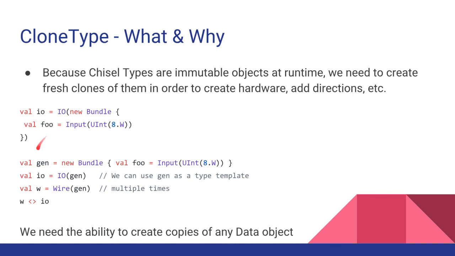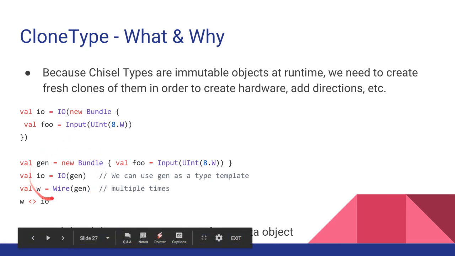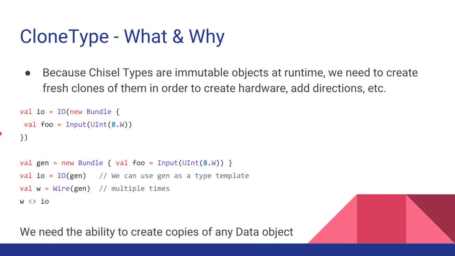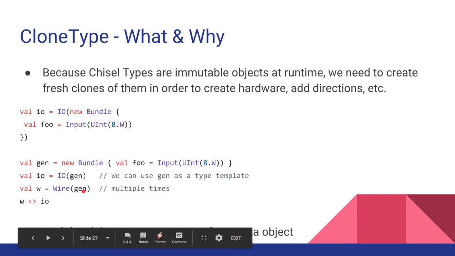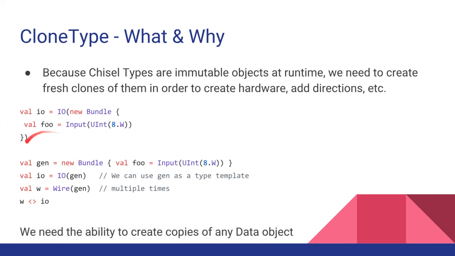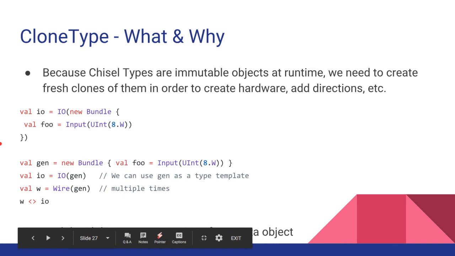It's really compelling that passing gen to IO just works, and it always works. If you're doing things like this in C++ or Java, in a language that is less immutable, it's really hard to determine when I need to call copy. Should I call gen.copy here, or copy there, or where are things copied? Under the hood, we handle that with cloneType, but as far as the user-facing API is concerned, we handle all that for you.